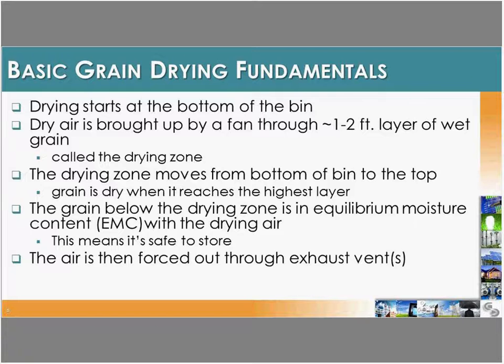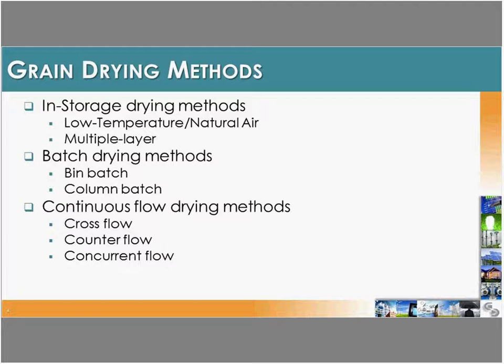So we'll move on to the next slide, where I just want to touch base on some methods. So we'll briefly talk about in-storage, batch, and continuous flow. And in this, dryers are categorized in many different ways. So natural air, low temperature, high temperature, batch, automatic, continuous, in-bin, column, self-contained, towers you may hear of, or verticals, and so on.